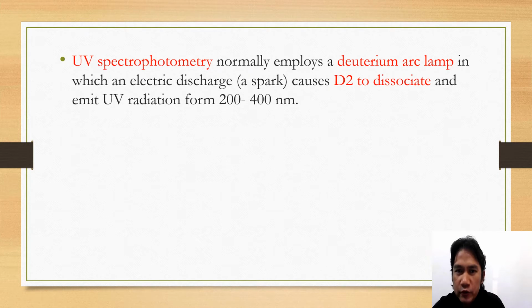For UV spectrophotometry, normally it employs a deuterium arc lamp in which an electric discharge or spark causes the dissociation of the deuterium and emits UV radiation from 200 to 400 nanometers.